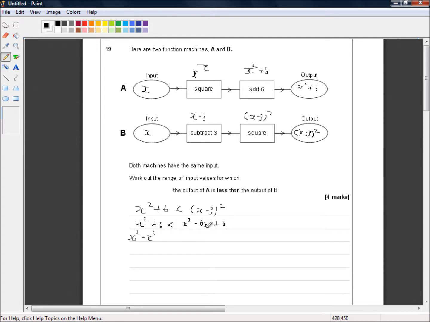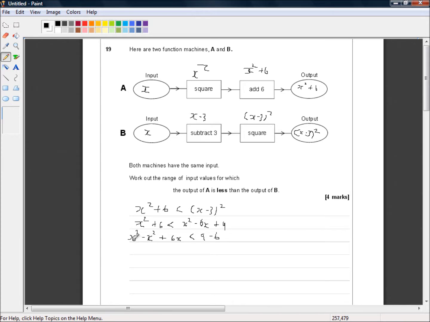And then this negative 6X becomes positive, that's plus 6X. And then we run out of X terms, so this is less than. And then we have a 9 here. And then we have a negative 6 because the 6 comes over here.